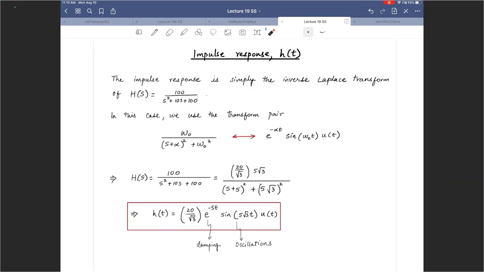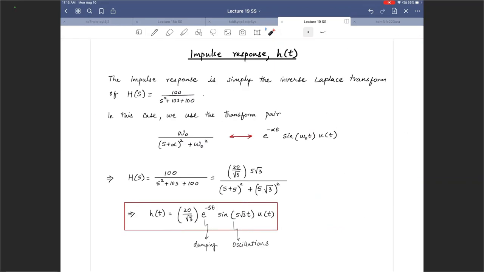We still need to find the impulse response, which means that we need to find the inverse Laplace of H of s. So in order to find the inverse Laplace for this particular system, we can use the Laplace transform pair provided in the Laplace tables, which is omega naught divided by (s plus alpha) squared plus omega naught squared. The inverse Laplace transform of that is e to the minus alpha t sine omega naught t u of t.